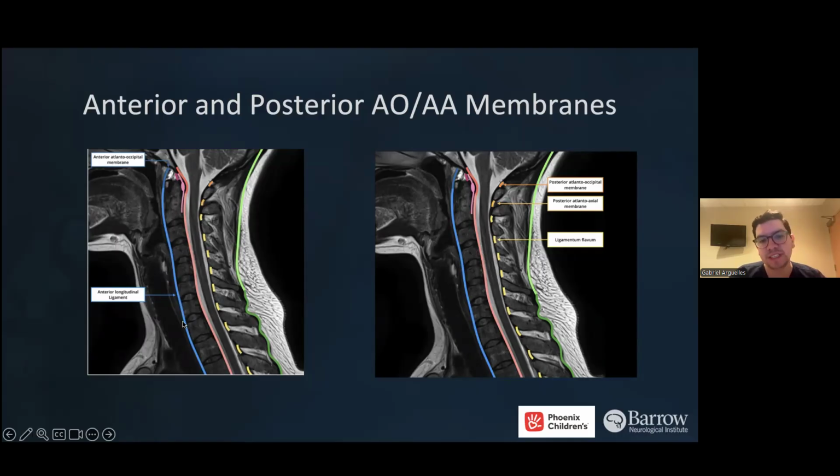We frequently see this disrupted in different pathologies and fractures, and it doesn't automatically mean the patient needs to go to the operating room to get internally fixated. The posterior AO and AA membranes are an extension of the ligamentum flavum, and you can see that nicely here. Again, these two are not super important for stability, but they're part of it.